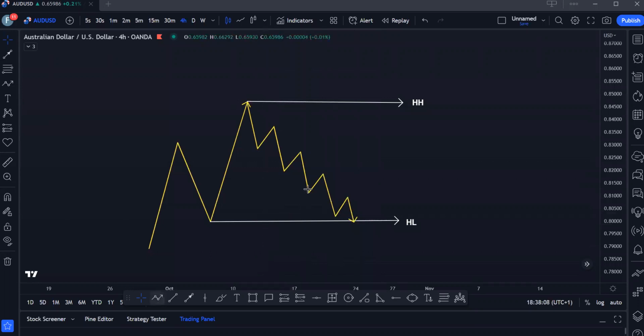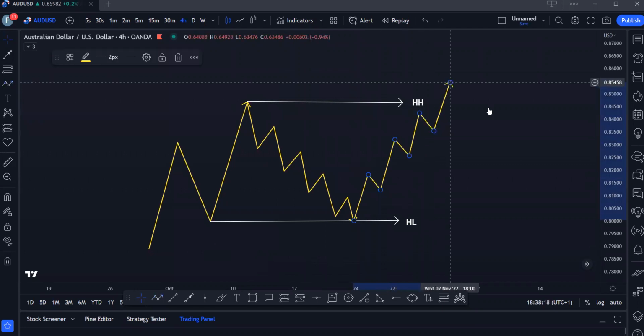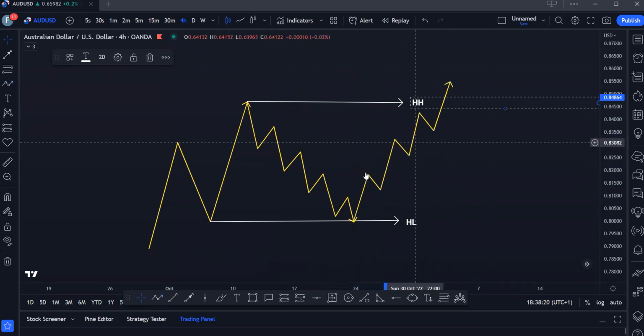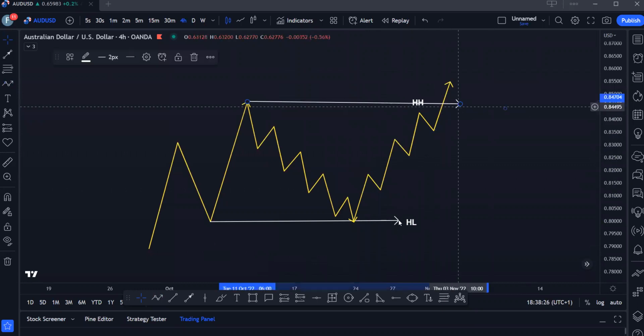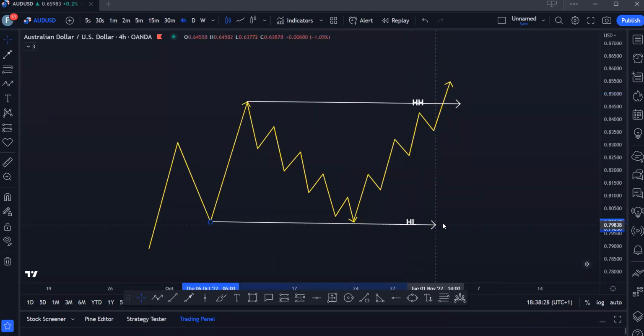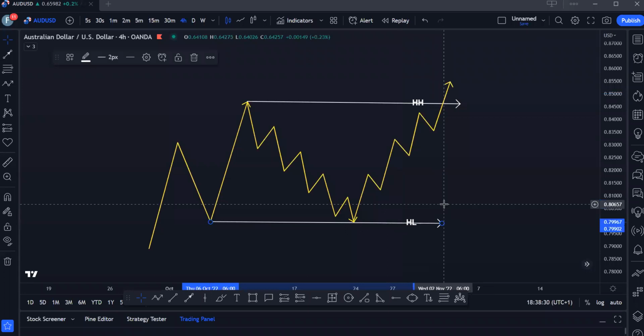Also, you might have something like this. So you can see when you look at it on a fractal level, on a microscopic level, sometimes it goes like this. The structure between higher highs and higher lows is called minor structure.